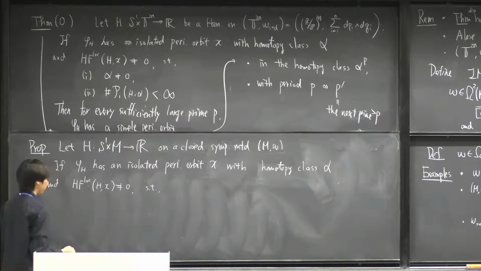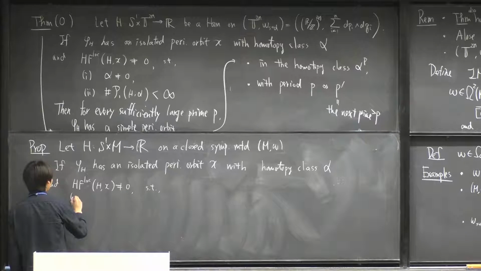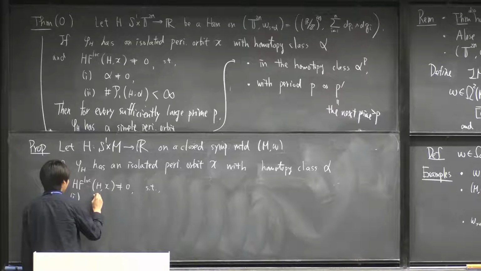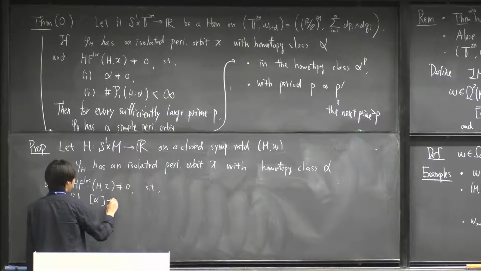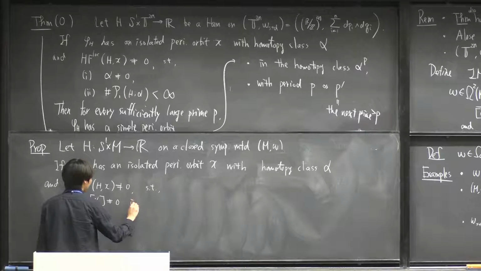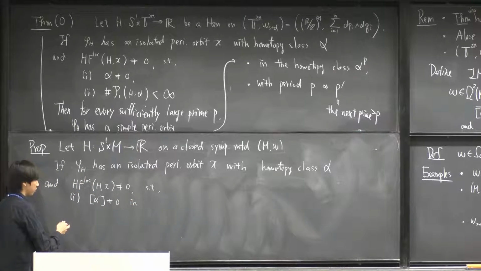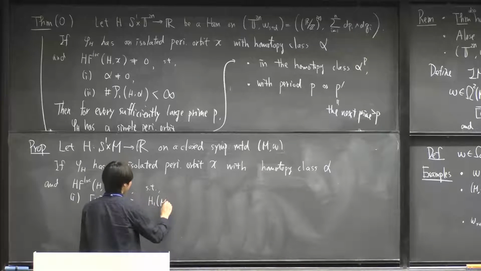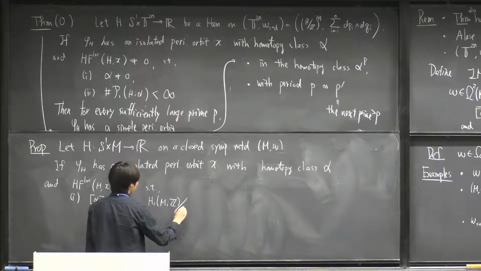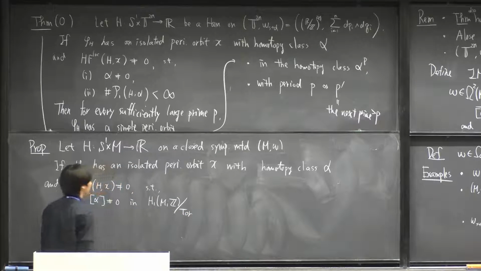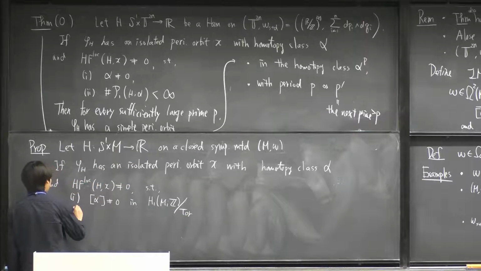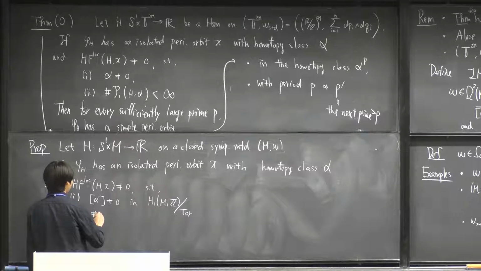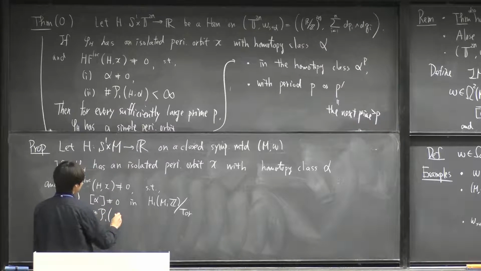Moreover, we assume four conditions. The first one is the homology class of alpha in the first homology modulo torsion is not equal to 0. The second condition is some finiteness condition.